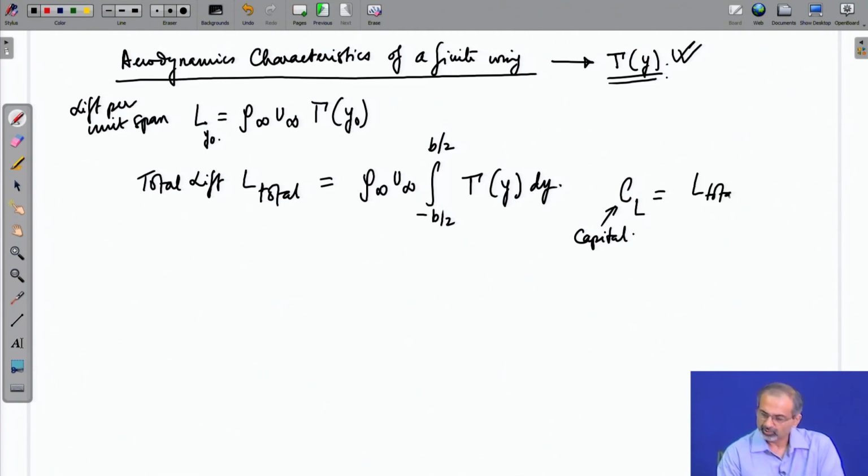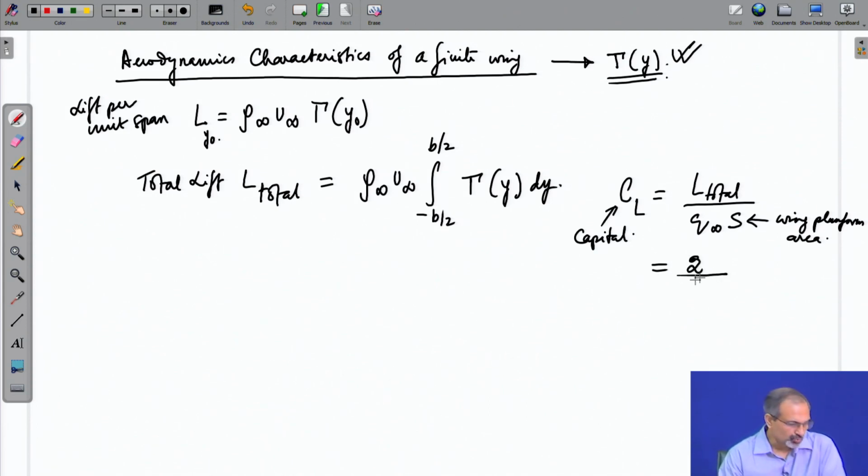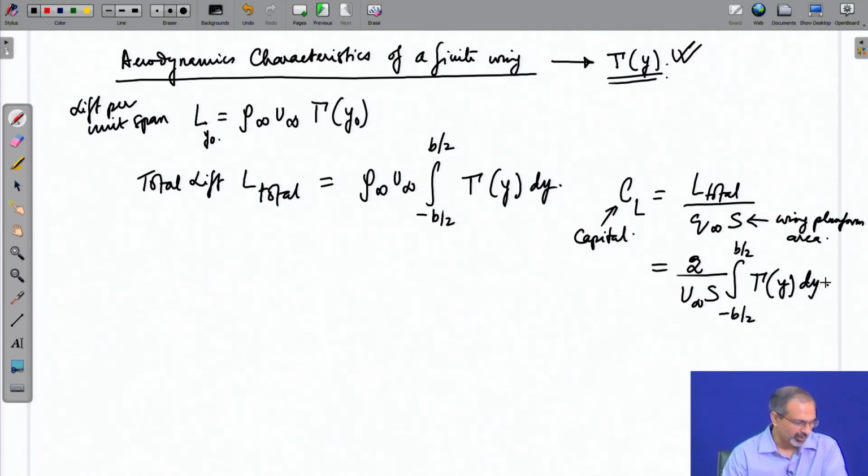That will be L total by q infinity S. This is the wing planform area. So, that boils down to 2 by u infinity S times the integral from minus b by 2 to b by 2 of gamma y dy. So, this is how you would be able to obtain the total lift and the lift coefficient.